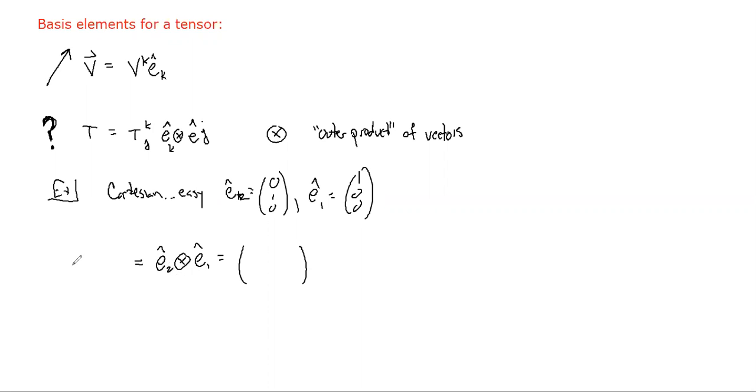well, let me actually write it in both ways. So let me write our cooler way of doing this. So this is 2, 1, for instance, right? So this is the column vector, the 1, and then 2 is the row vector. So we have a row that's 0, 1, 0, and a column that's 1, 0, 0.